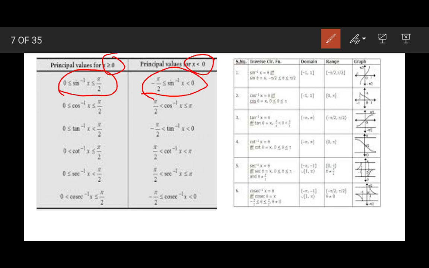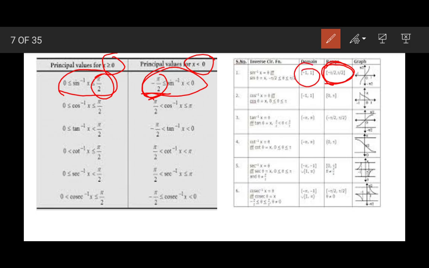Here the range will be minus pi by 2 to pi by 2. This angle theta lies between minus pi by 2 to pi by 2 and the value will be minus 1 to 1.